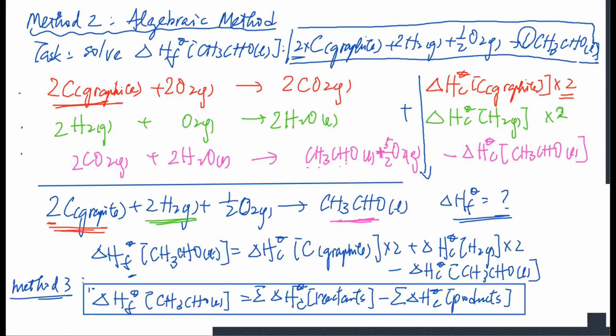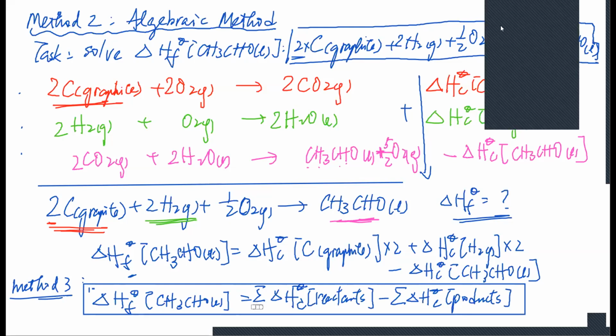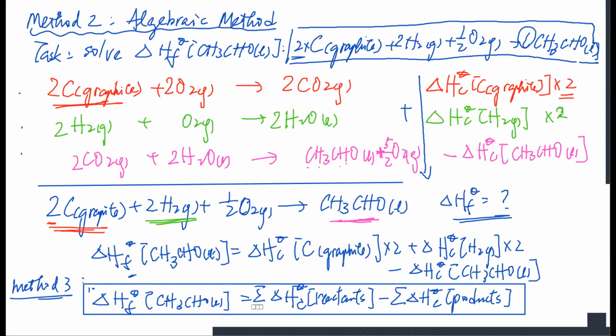You don't understand method 1. You understand method 3? Method 3 is the same as method 2. It just uses a formula. This one we call it sum of this one.